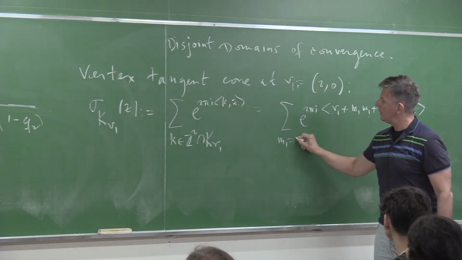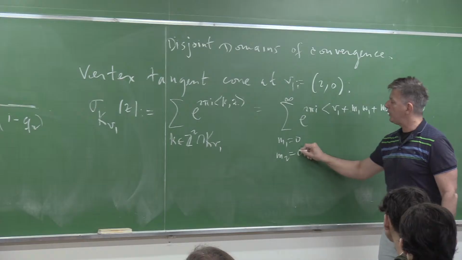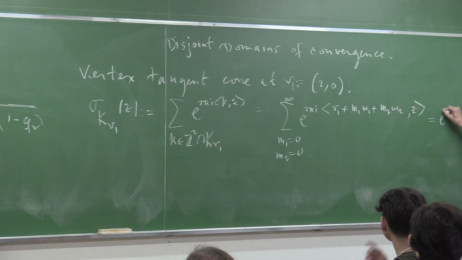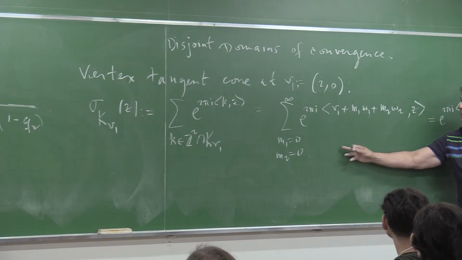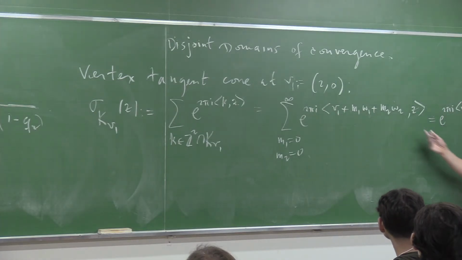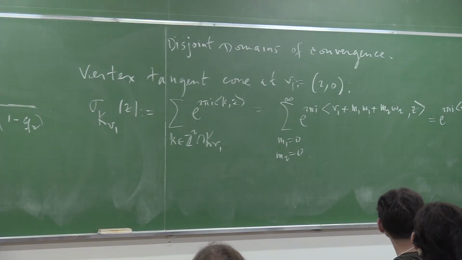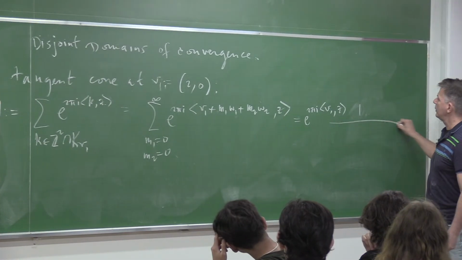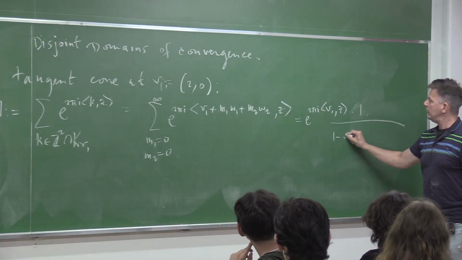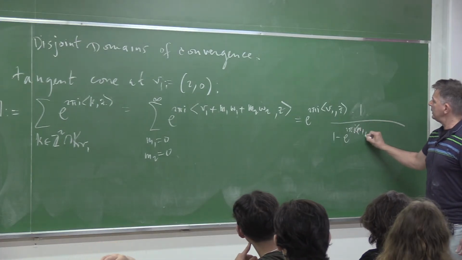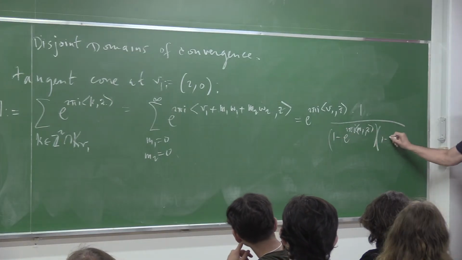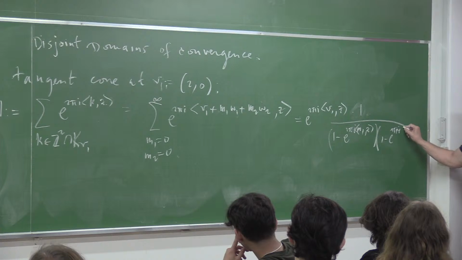And here m1 goes from 0 to infinity, m2 goes from 0 to infinity, and now you really have e to the 2 pi i v1 dot z, and now you can pull the v1 dot z outside, and the rest becomes a geometric series, because m1 goes from 0 to infinity and m2 goes from 0 to infinity. So you have 1 over 1 minus e to the 2 pi i w1 inner product z, and 1 minus e to the 2 pi i w2 inner product z.